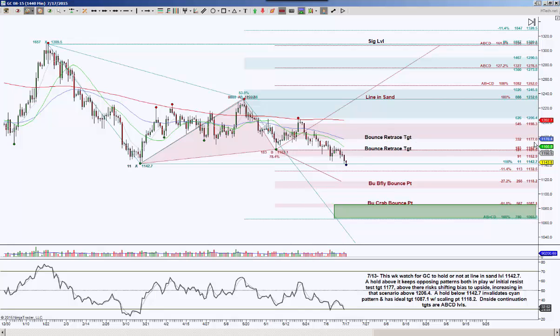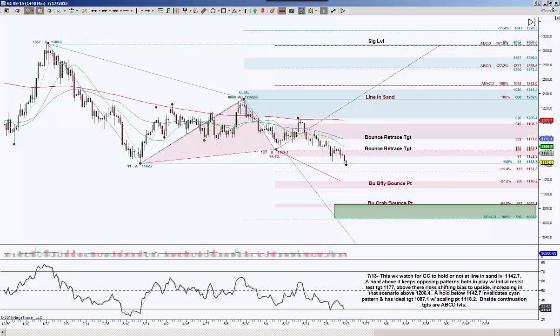If price is able to push above this 1177, that risks changing this bias that is to the downside to the upside, implying a retest of this level of 1232.6. But right now, the bias is to the downside with bounces into resistance, right? Okay? And we're looking for this PRZ zone down here between 1081.1 and 1065.8.